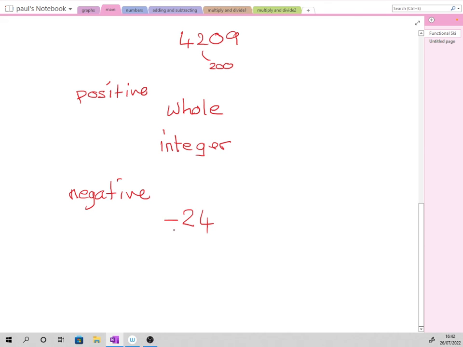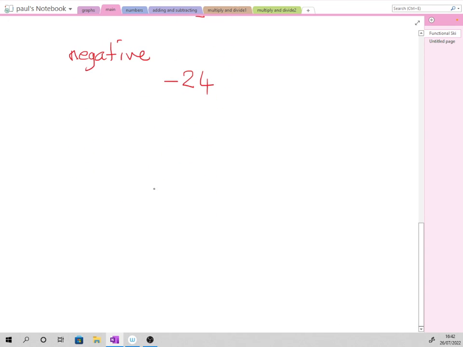It does cause us some bother when we're trying to multiply, add and divide. So you will get to a point where you think, maths would be great if there were no negative numbers. But unfortunately, we've got negative numbers. And a negative number in reality is something that is less than 0.